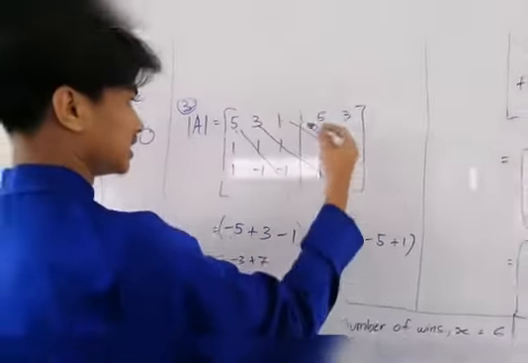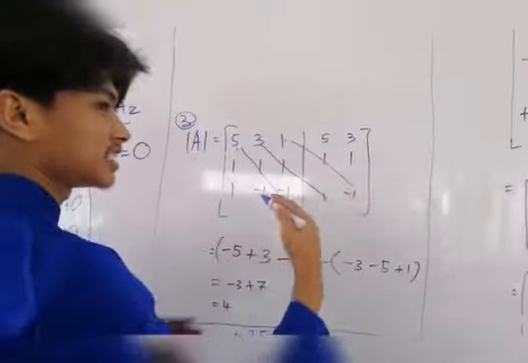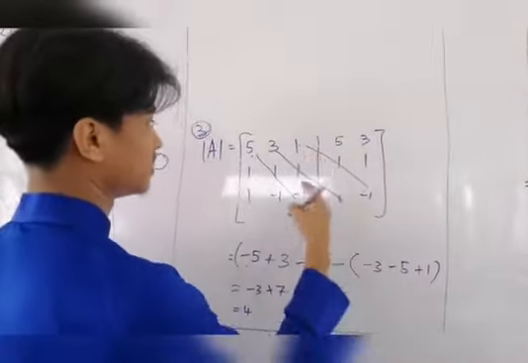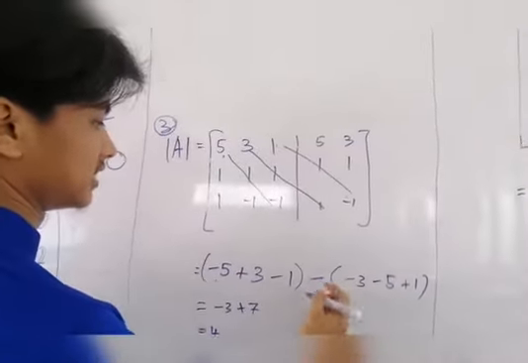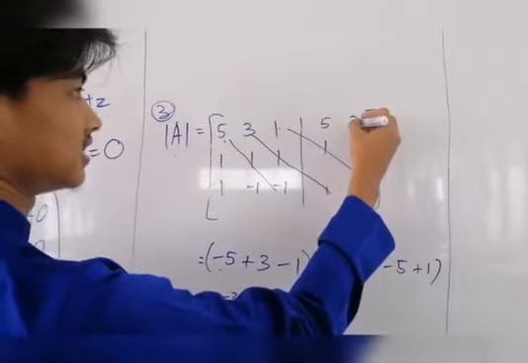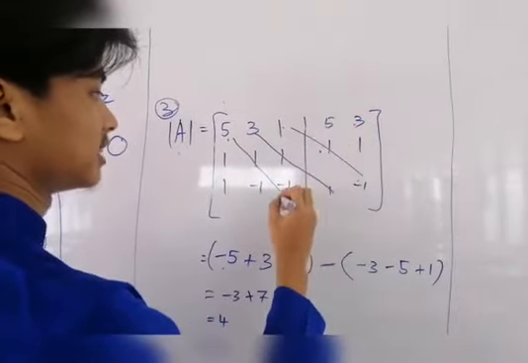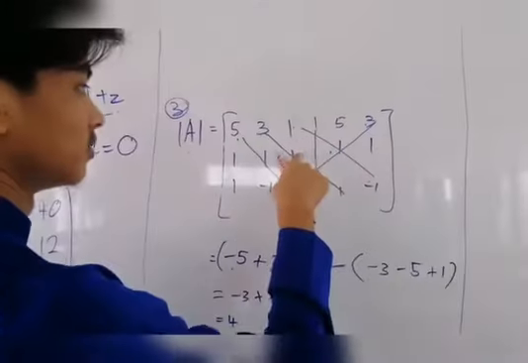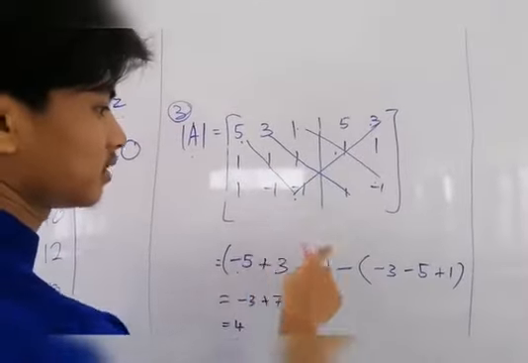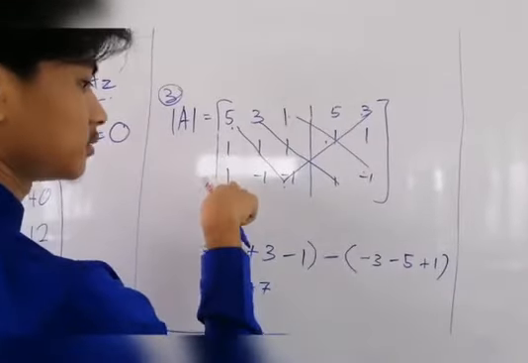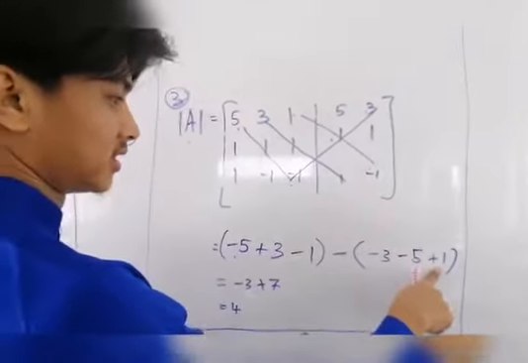So on this side, we must put the negative, so negative 8 for this. Then we start with this: 3 times 1 times negative 1 will be negative 3. 5 times 1 times negative 1 will be negative 5. 1 times 1 times 1 will be 1.